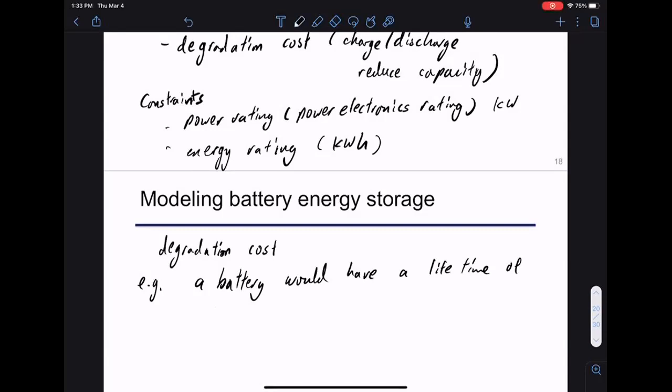So 5,000. Okay, 5,000 cycles. This means if you charge and discharge the battery 5,000 times, then you should throw the battery away, right? So that's normally what this means.